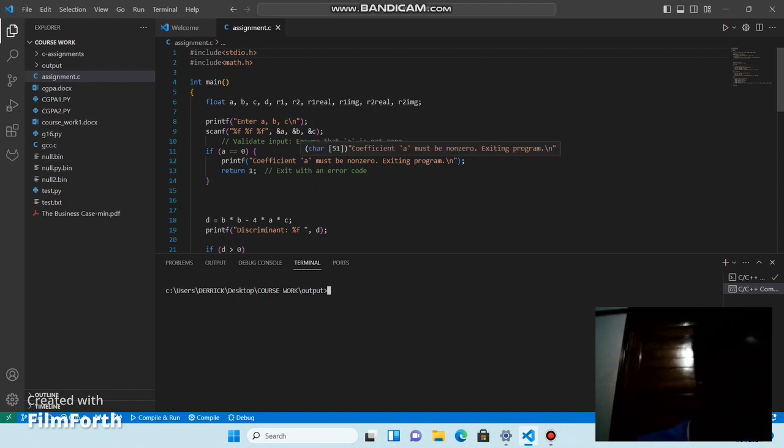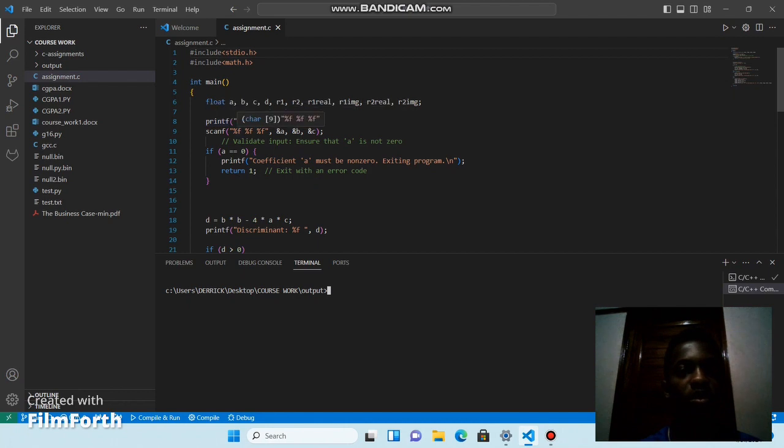Now, as the instruction was saying that the program should prompt the user to enter the coefficients, this is what we do. Printf, remember, allows us to print to the console, so it is going to allow us to input our coefficients.